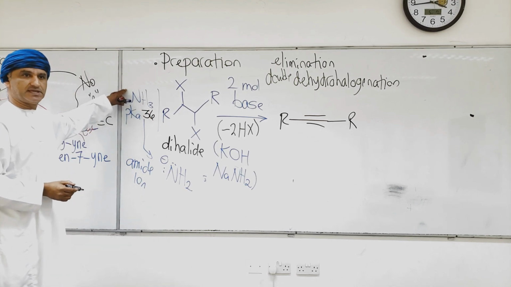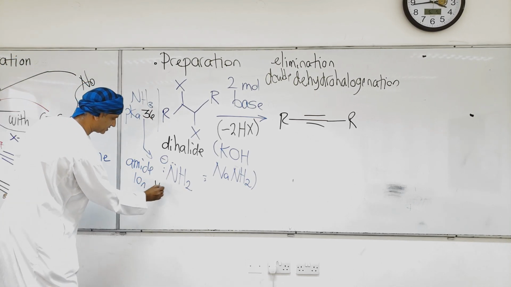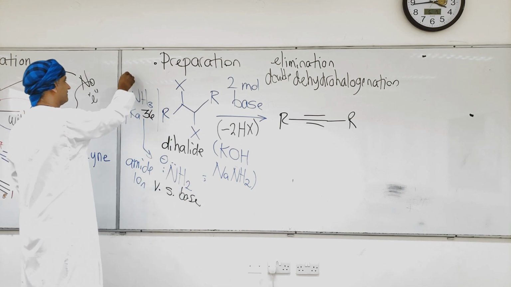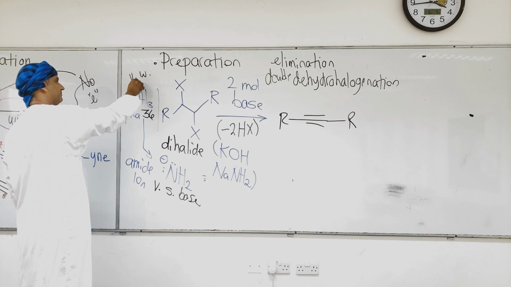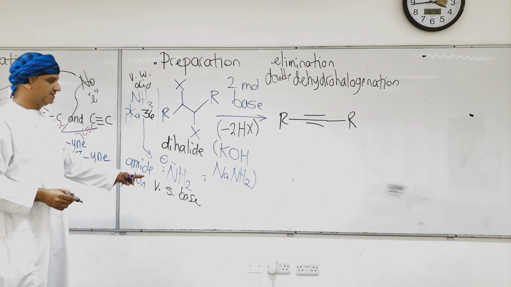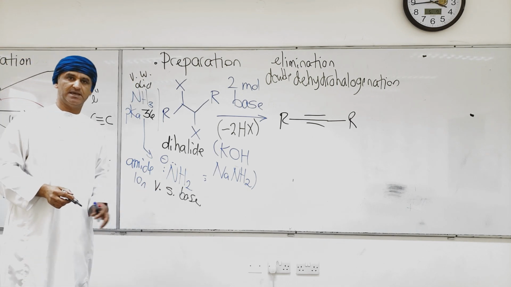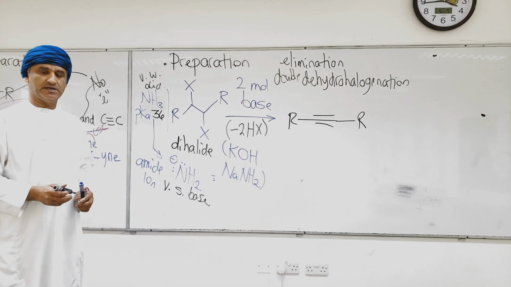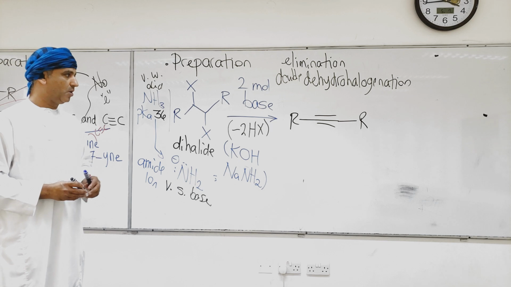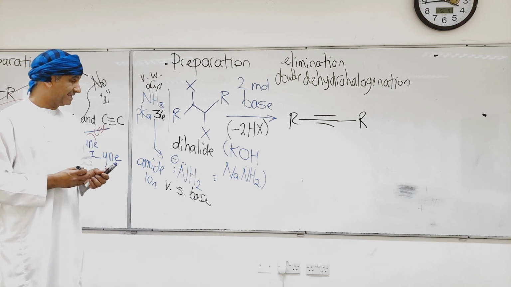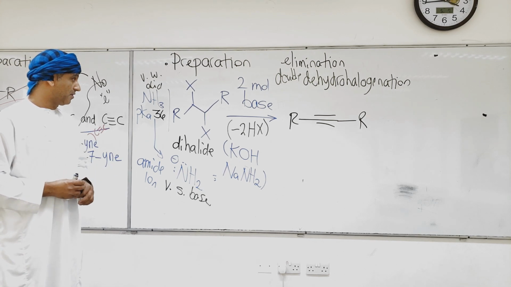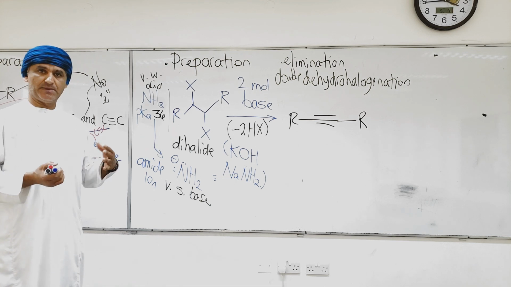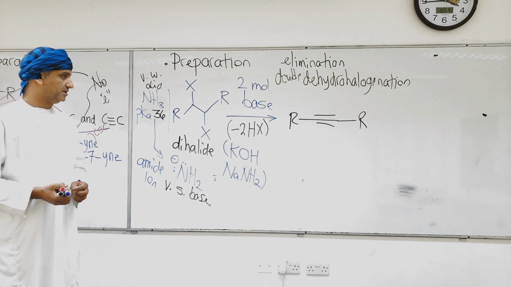It's a very weak acid, and therefore this is a very strong base. So a strong base is actually needed. The sodium amide or potassium amide is a strong base that is suitable for this double dehydrohalogenation reaction, or the alkyne formation reaction from the dihalide. Or potassium hydroxide could also be used.